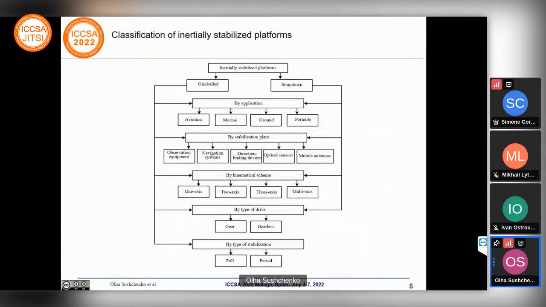Systems for control of inertially stabilized platforms can be classified in different ways. One possible classification is shown in slide 5. It represents different types of inertially stabilized platforms dependent on the presence of a platform or gimbal, application, stabilization plant, kinematical scheme, type of a drive, and completeness.